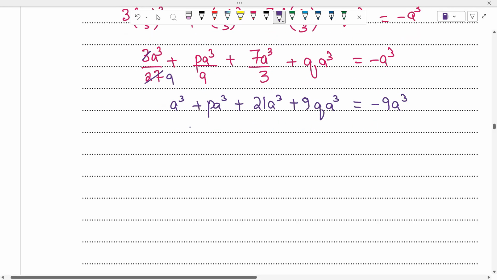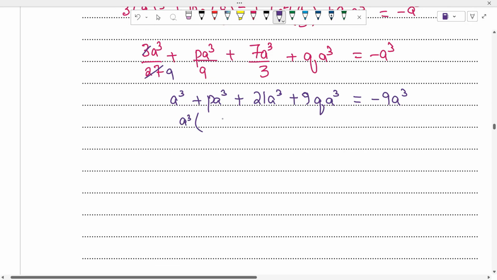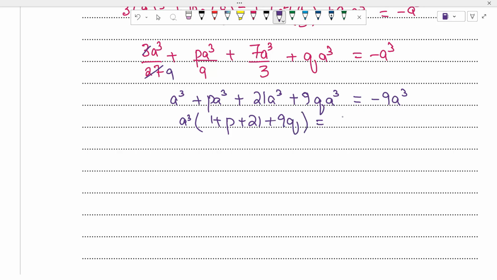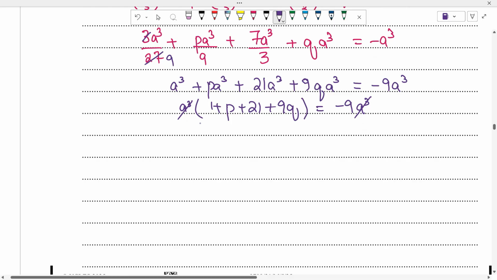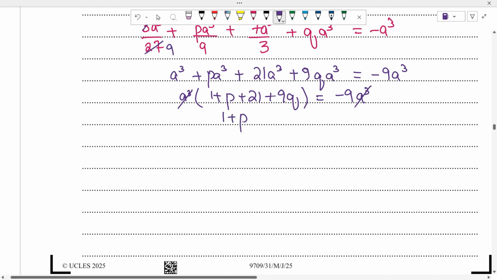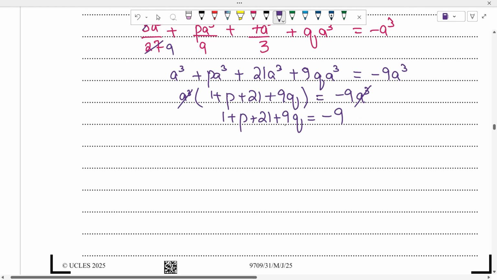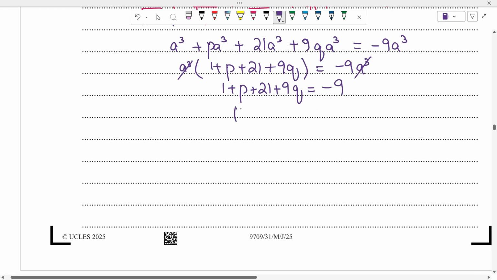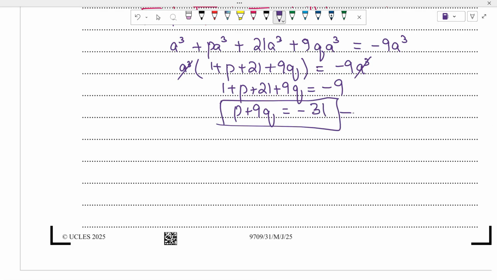Taking a cubed common, we will have 1 plus p plus 21 plus 9q times a cubed equals negative 9a cubed. The a cubed will cancel out, and we will have 1 plus p plus 21 plus 9q equals negative 9, and we will have p plus 9q equals negative 31. So this is equation 2.